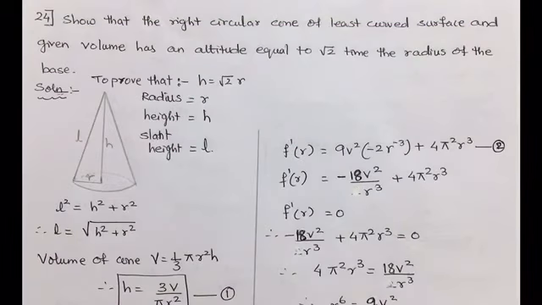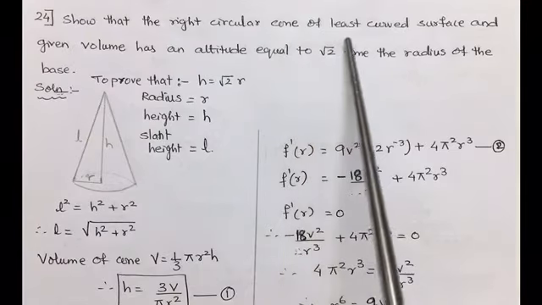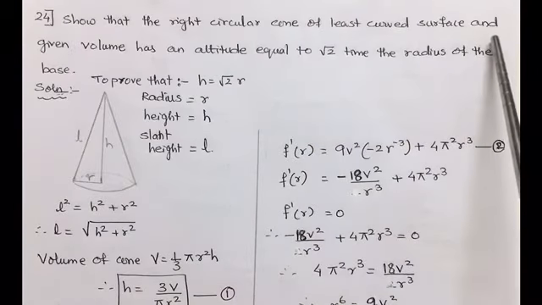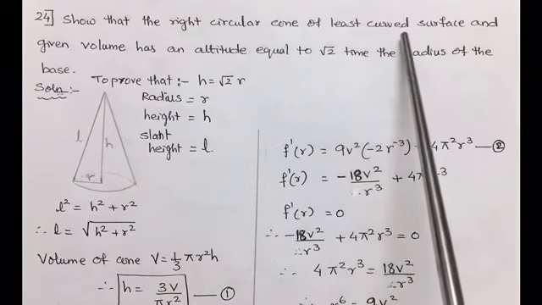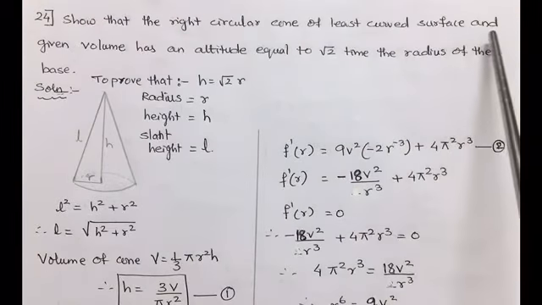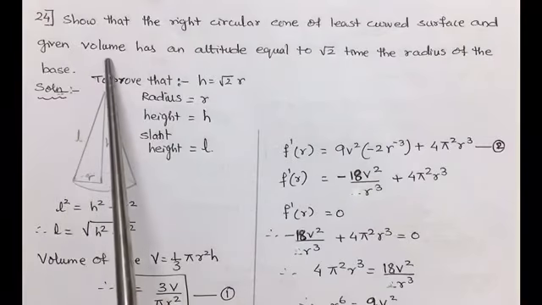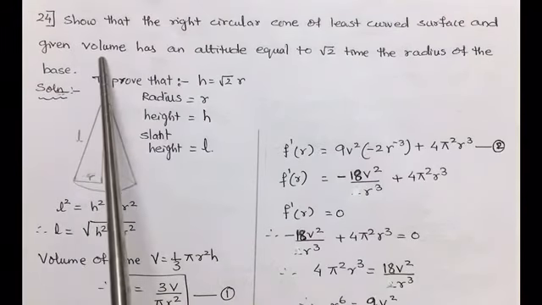24th question: show that the right circular cone of least curved surface, for a given volume, has an altitude equal to root 2 times the radius of the base. Least curved surface means minimizing the curved surface, and given volume means volume is constant.